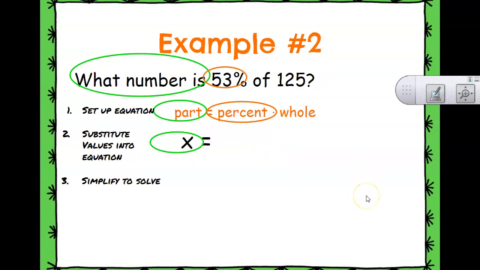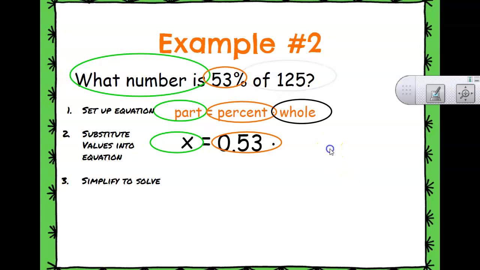I am not going to write 53. I am going to write 53% as a decimal. So if I shift it 2 to the left, shift it 1, shift it 2, that means that I would have 0.53 times, now I need to find the whole, keyword being "of."